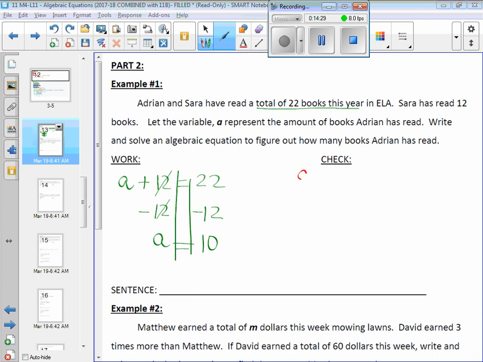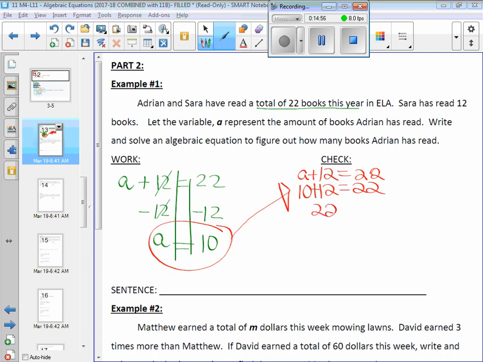Rewrite the original. Very good. Perfect. 3 lines.